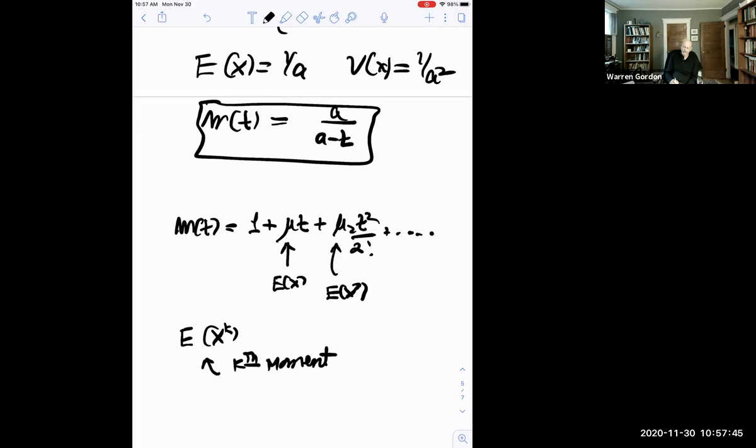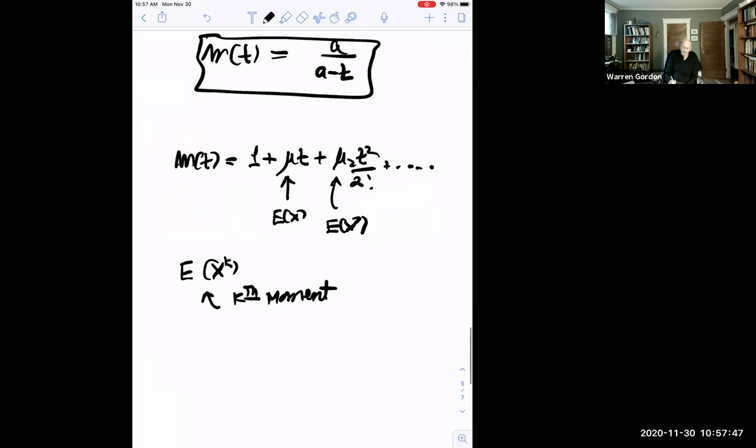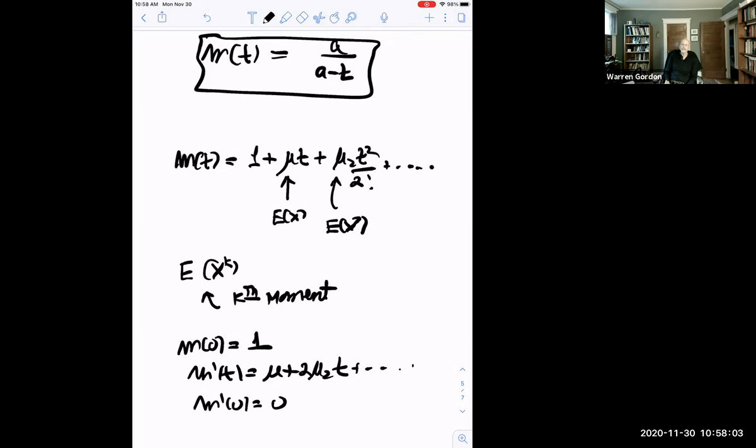And this is how, by looking at this series, we prove, for example, that firstly, you see that M of 0 is 1. If you differentiate this, you see M prime of 0 is the mean. And similarly, if you take the second derivative, you get mu 2, which is E of X squared.